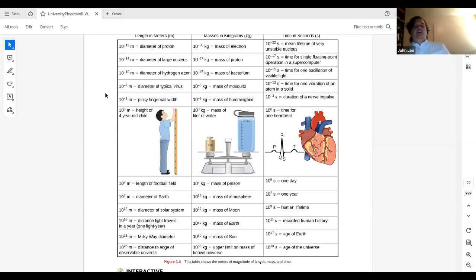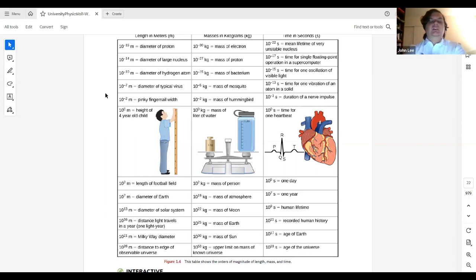So 10 to the 28th is the number of times that the mass of the Earth can fit into the mass of the known universe, which is massive. For time in seconds, the mean lifetime of an unstable nucleus is 10 to the negative 22 seconds. 10 to the 0 seconds is 1 heartbeat, and the age of the universe is about 10 to the 18 seconds.